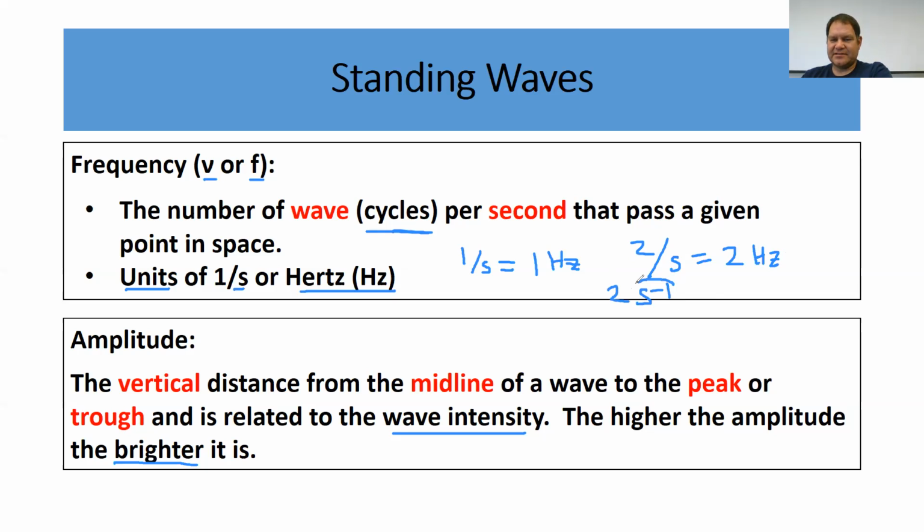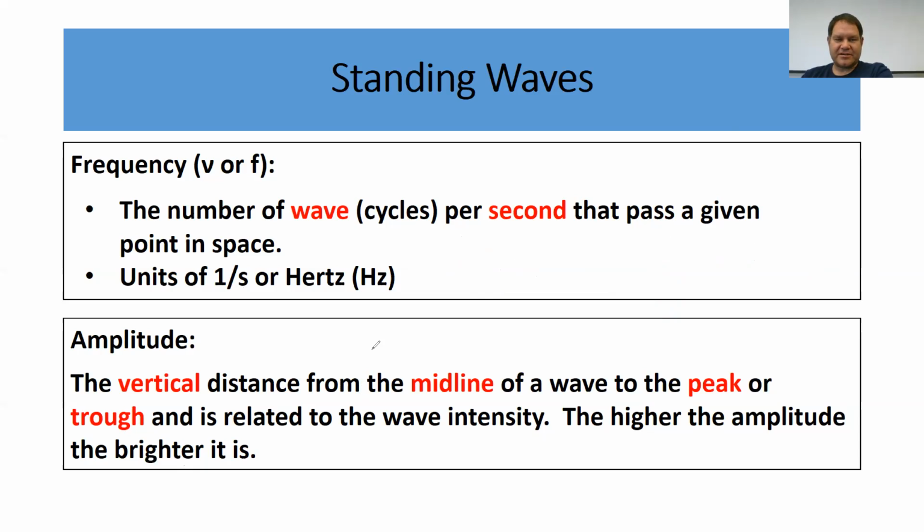And this basically means cycles per second. So this is the same thing as this, okay? It's just in the reciprocal form. And so we'll often write our unit for frequency in this manner here, okay?